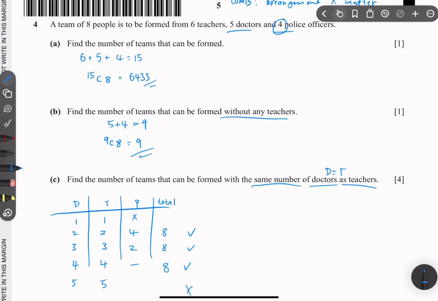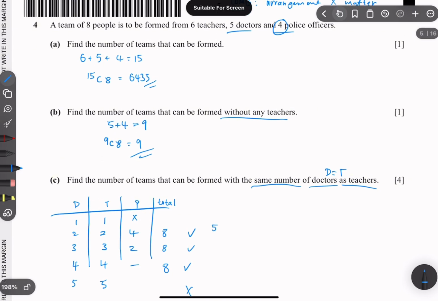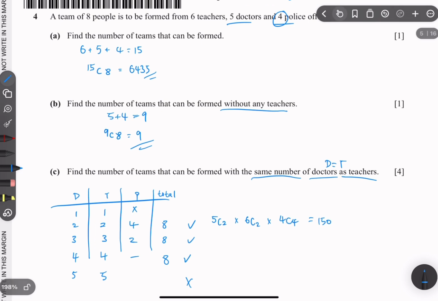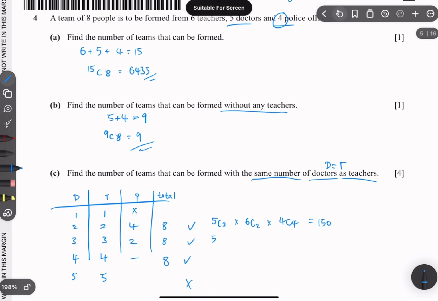Okay, so there's 5 doctors, 5 C2 times 6 teachers, 6 C2, and 4 police officers, so 4 C4. And you should get 150. 5 doctors, 5 C3 times 6 C3 times 4 C2, 1,200.